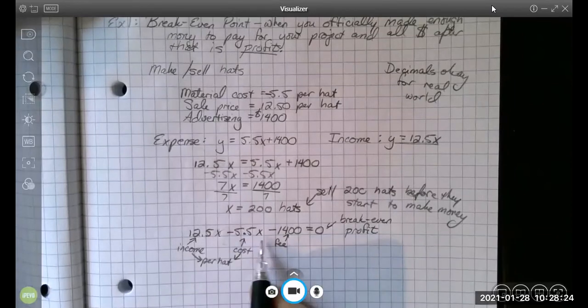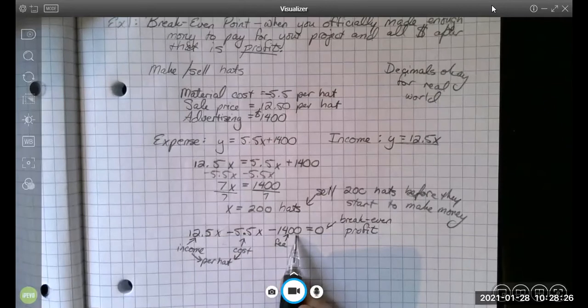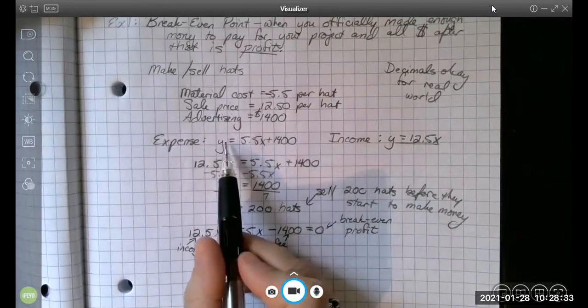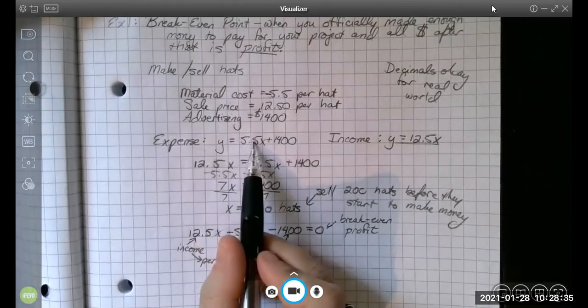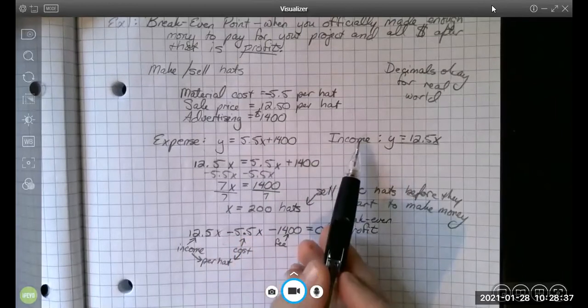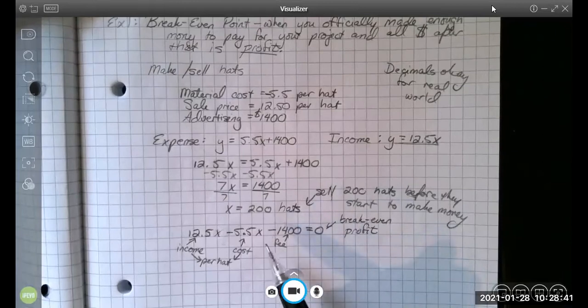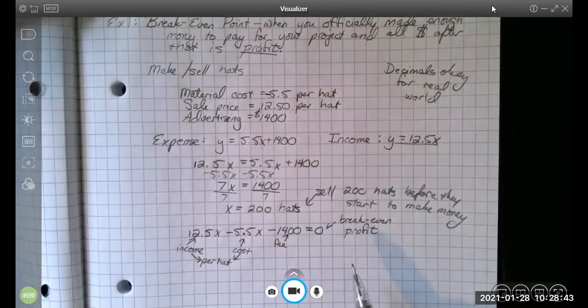So this is another way to write the equation that might be a little more intuitive for you. I know it's not a 2 equation, 2 unknown thing like this. This said our expense is 5.5x plus 1,400. Our income is 12.5x, and then we put them together. Well, that's nice, but this works too, and honestly, I think this works a little better. But it depends on how you think about it.